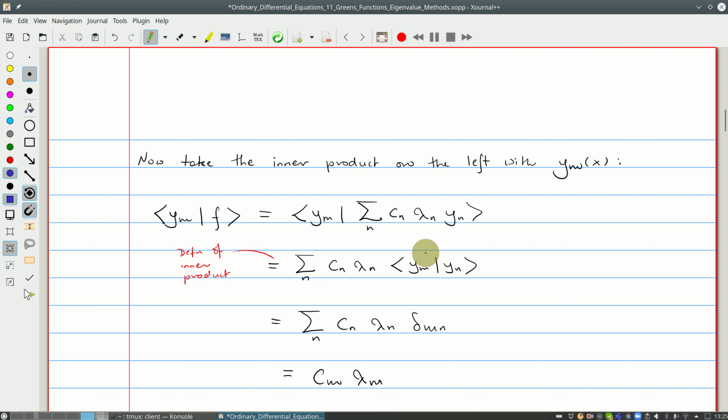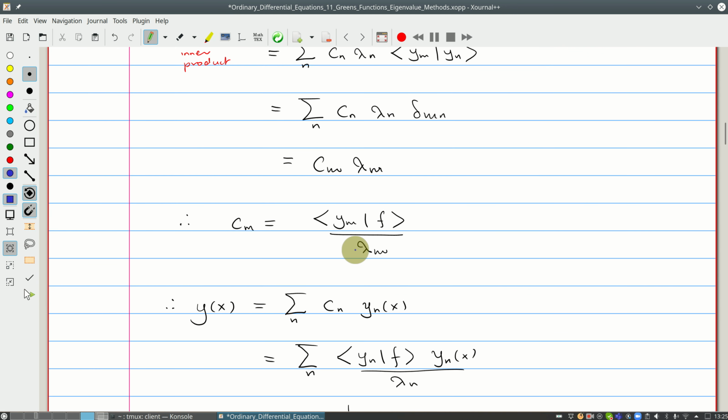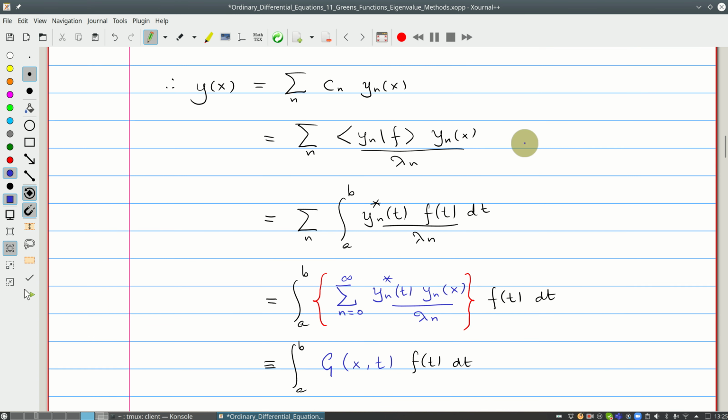But the basis of the yn is an orthonormal set, so this is simply delta mn. This is the Kronecker delta, and this collapses the sum onto the one case where n is equal to m, and so we have Cm times lambda m. Therefore we have an expression for Cm: Cm is the inner product of ym with f divided by lambda m, and this then lets us write y of x as a sum over n of Cn times yn of x.